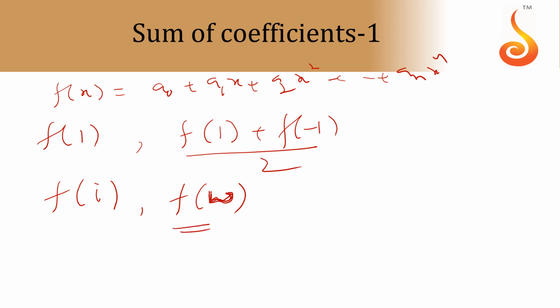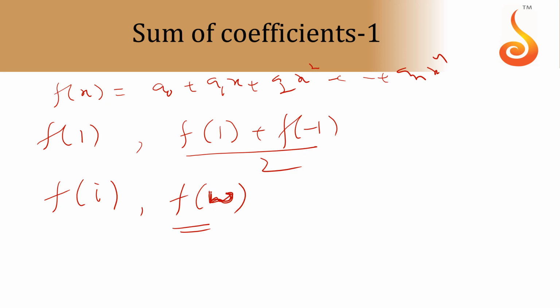Sometimes there may be a necessity to use complex numbers. That is, De Moivre's theorem and binomial theorem combinations are also useful. So f of i, f of omega. According to the combinations of the questions, suppose a person is asking what is a0 plus a3 plus a6 plus so on in this expansion.